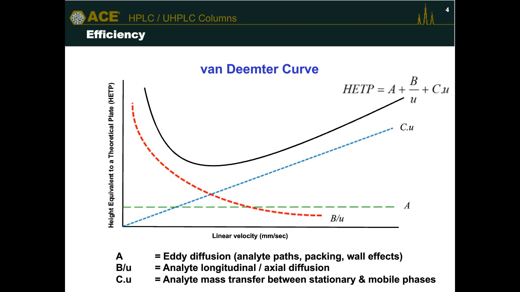They will choose different paths, they will have different diffusion, and that's why we get band broadening of our peaks. It's why we don't get nice, sharp GC type peaks. And this Van Deemter equation really explains what's happening within the column.